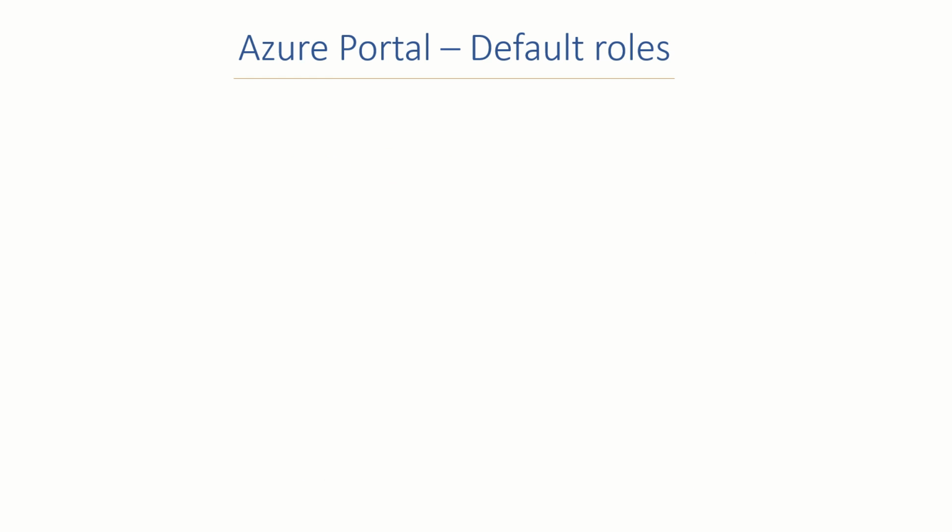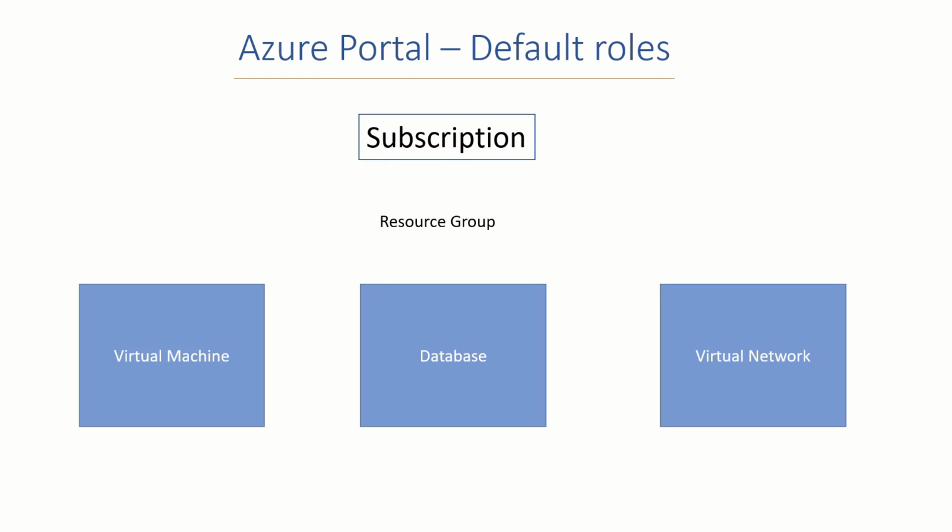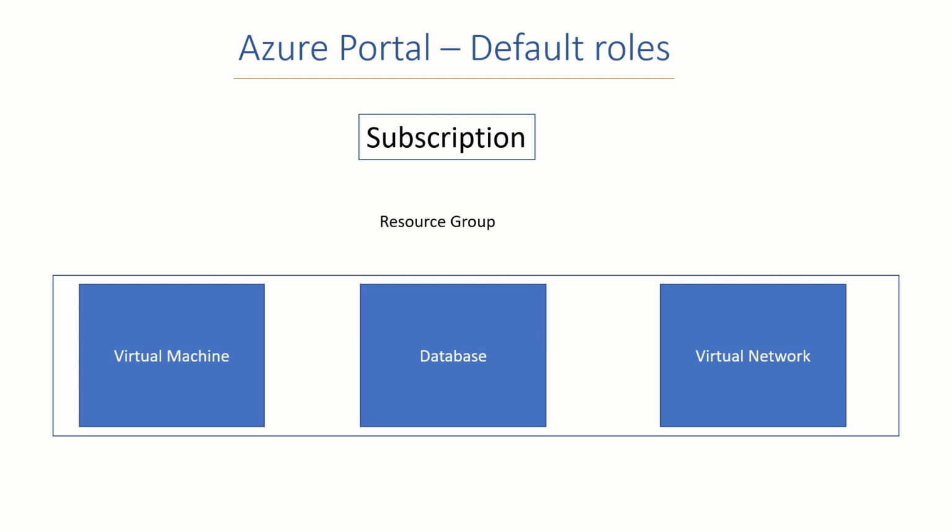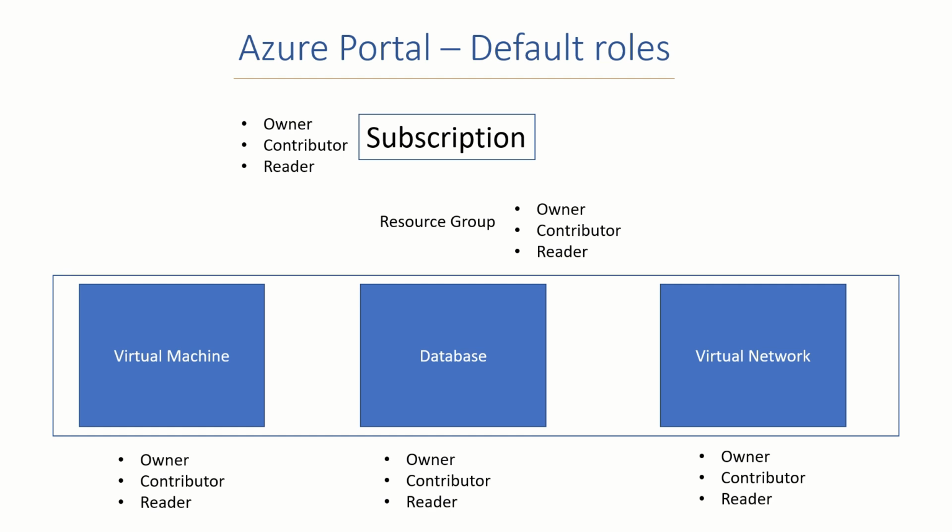So the first node, as discussed before, is a subscription, and then you have a resource group. Let's assume in this resource group you have three different resources: a virtual machine, a database, and a virtual network. Now, at the subscription, there are three roles getting listed: owner, contributor, and reader. The moment you assign any user an owner, contributor, or reader role, whatever you select, that will be inherited by the resource group as well as the resources.